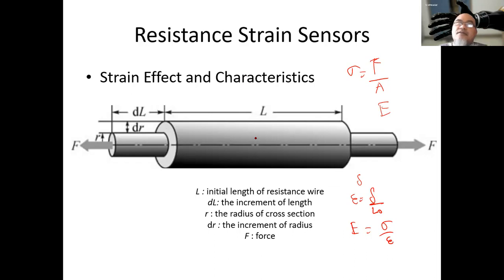So this dimensional change will affect the value of the resistance, since we know that the resistance is a function of the resistivity rho, which is the property of the material, times L, the length of the resistor, divided by the cross-sectional area A. So both L and A change, and then it will create a change in the resistance as well. Later we will see that depending on the material type, rho, the resistivity, may also change.